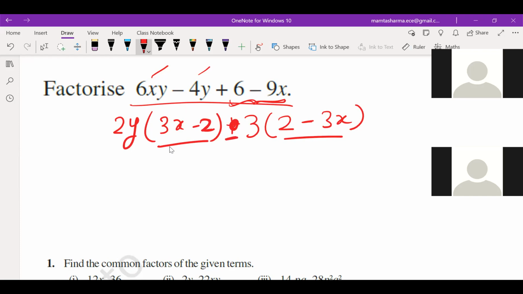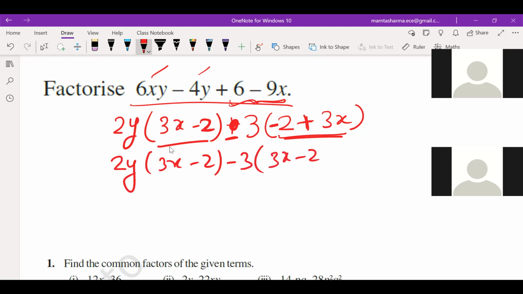When you take negative out, the sign inside the bracket will change. So you can write this as 3x minus 2 minus 3 into 3x minus 2.